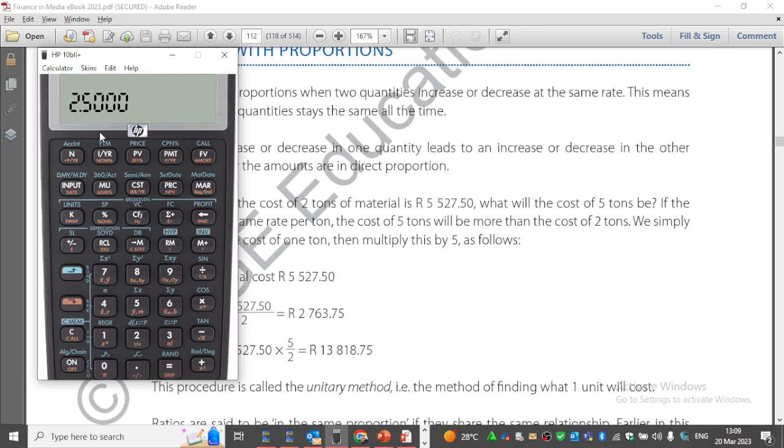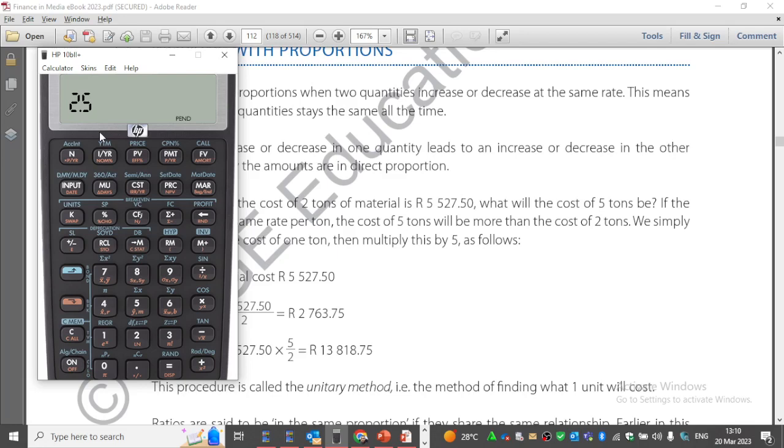So we can say the value of 2 tons, which is 5,527.50 cent, multiplied by 2.5. This 2.5 represents the value of 5 tons compared to the value of 2 tons, meaning that the value of 5 tons is bigger than the value of 2 tons by 2.5 times.